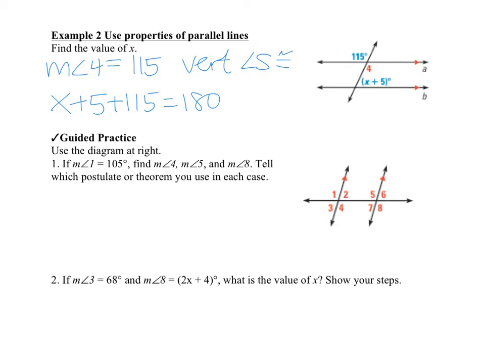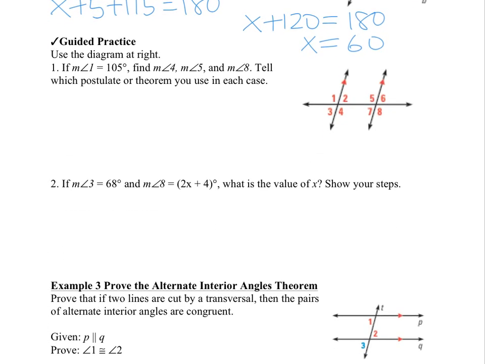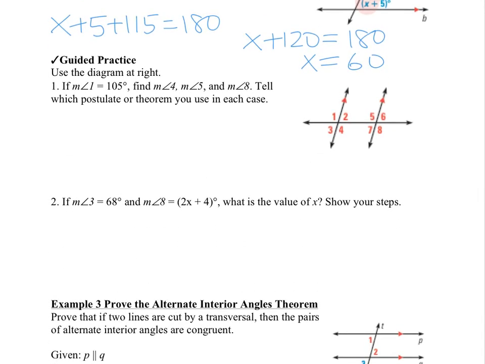So we have consecutive interiors are supplementary. So we solve that. We get x plus 120 equals 180. So x equals 60.